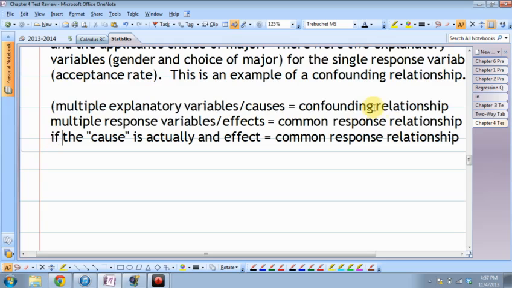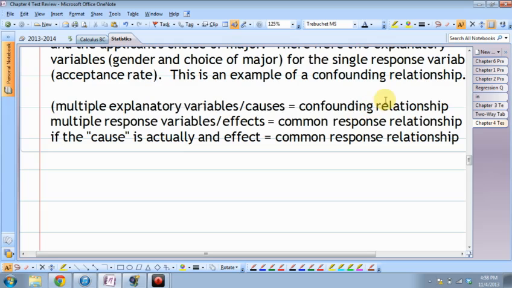If the alleged cause is actually an effect, then that's the common response relationship. Why is it not called the other one, confounding? Because there's only one cause that has the effect. One effect is our alleged cause. So our cause isn't actually a cause, it's actually an effect. Okay. 15.